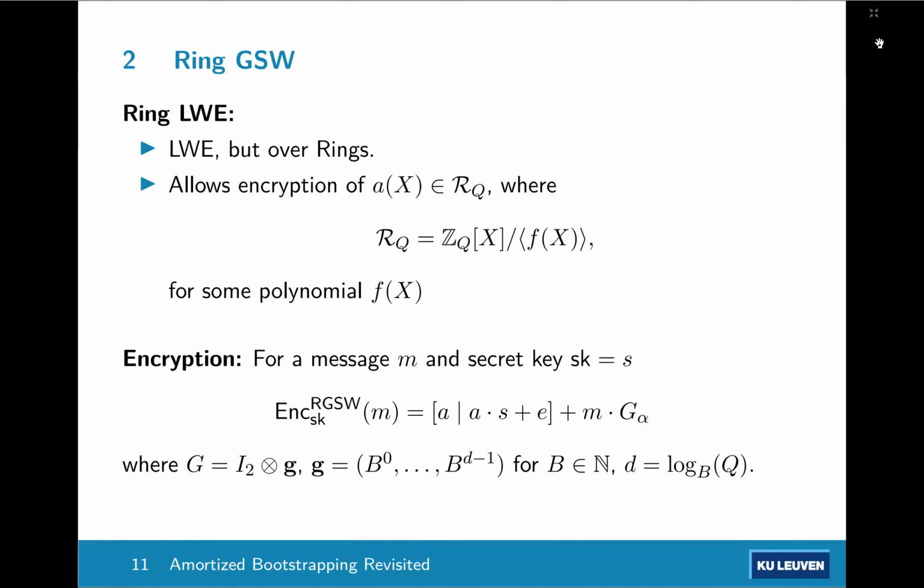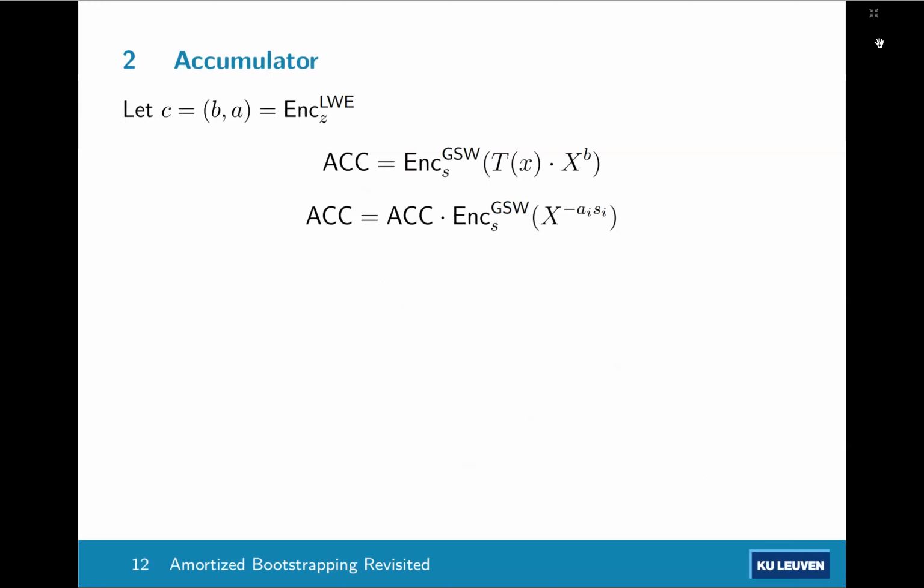The power of the GSW scheme is that we can use an accumulator to take a lot of information into one single element, which is, as the name suggests, an accumulator. We can see this, for example, if we have an LWE encryption and we build the accumulator as a GSW encryption of a specific element.